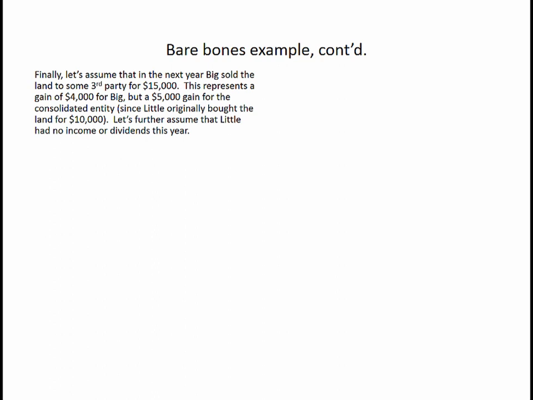And let's further assume that Little again has no income or dividends this year, just to stick to the issue at hand. First, we do our equity method entries, and although Little doesn't have any income, and therefore we have no investment income from Little, we now get to recognize our share of that $1,000 gain that we deferred back in 2001.